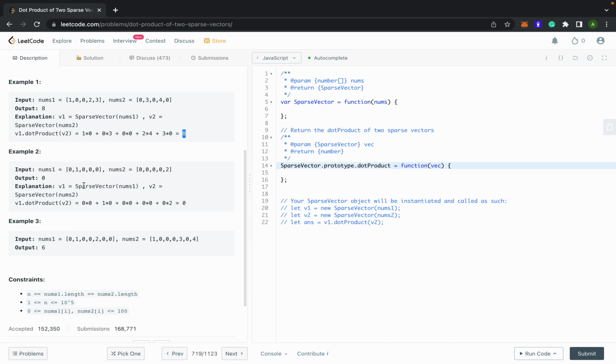In the next example, 0 times 0 is 0, 1 times 0 is 0, 0 times 0 is 0, and another 0, and another 0.